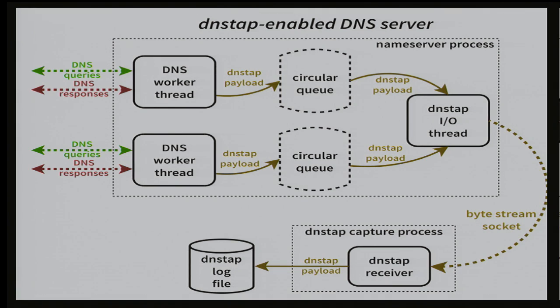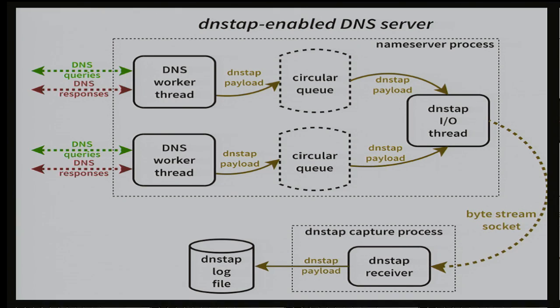These are the network messages coming into and out of the server process through the kernel and the sockets layer, and then they talk to individual worker threads inside the DNS server process. In a non-dnstap enabled DNS server, that would be it: just these worker threads inside the process answering queries and sending responses.